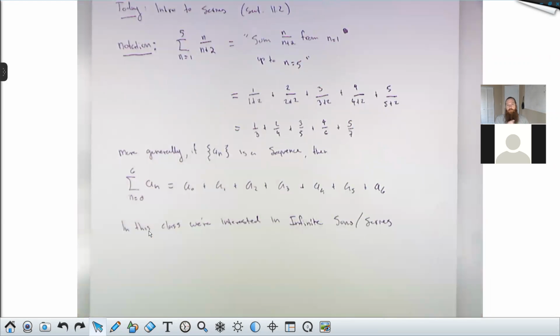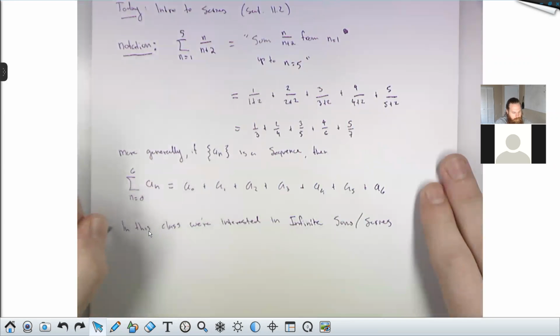So that's the first big hurdle, is what does it even mean to add infinitely many things together? There's a lot of big challenges here.